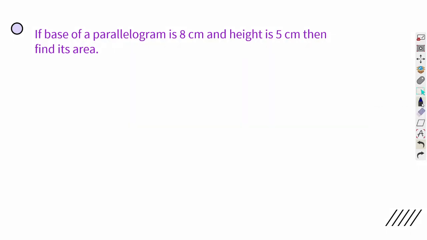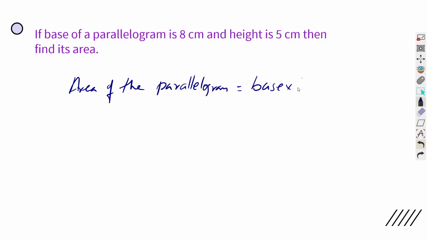You will simply apply that formula: area of the parallelogram is calculated by base into height. Applying what is given, 8 cm base and 5 cm height, you will write it as 40 square centimeter.